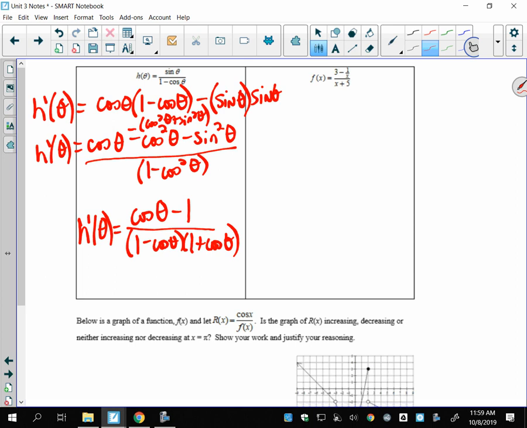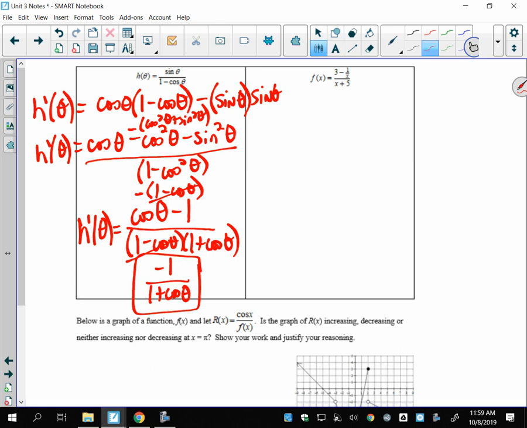Oh my gosh, this is crazy. Almost there. I could almost cancel this out except I need a negative, right? If I take a negative out of this, that becomes 1 minus cosine on the top. And I get negative 1 over 1 plus cosine. I think it's a bit ridiculous that they expect us to do all this right away, but I'm just showing you, okay? I didn't write it.